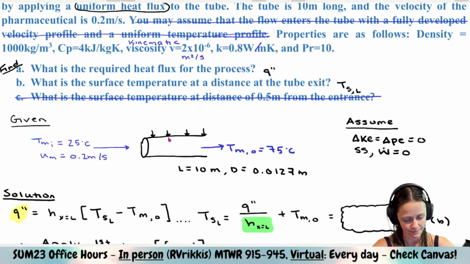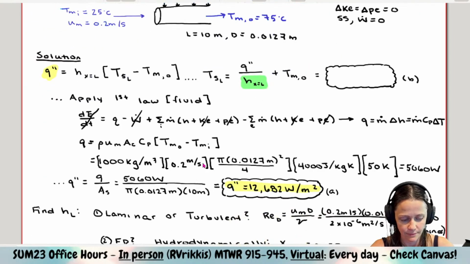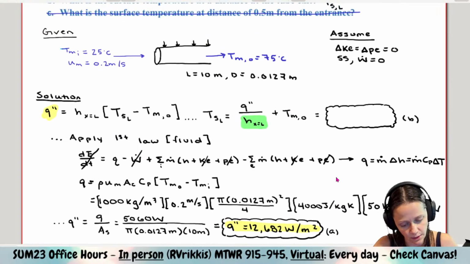Okay. So just to check, it's hydrodynamically up until 0.8 and then it goes thermally? So it is developing thermally. It's not fully developed thermally until it hits 8 meters.